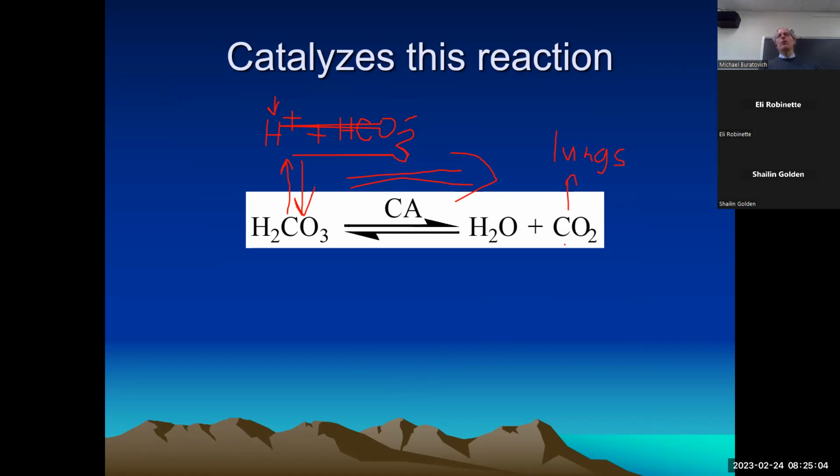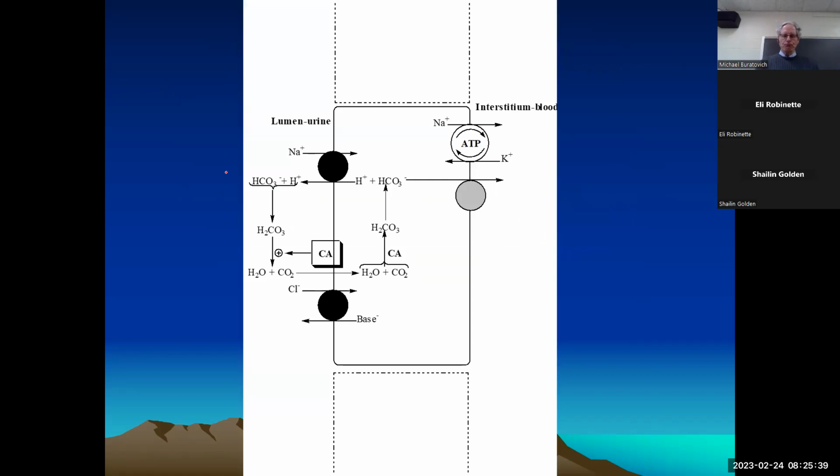If, however, you are experiencing hypoventilation, either because you have chronic obstructive pulmonary disease, asthma, some other type, maybe pneumonia, something like that, now, if you retain carbon dioxide, that will push the reaction in this direction, and you will have more acid. The kidney will then respond by getting rid of more acid. So bicarbonate is a remarkably important buffer in your system.